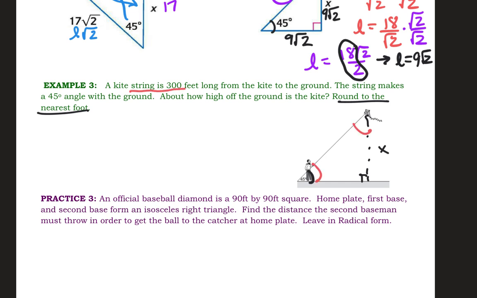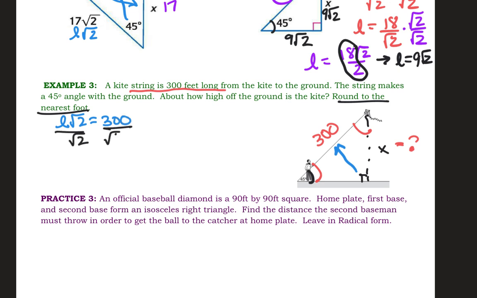The kite string is 300 feet long. This is how long the string is. They want to know how high the kite is off the ground. So what do you think we're going to do? Was I given the hypotenuse or the leg? The hypotenuse. Now remember, the hypotenuse is your leg times the square root of 2. So what do I have to do to both sides?